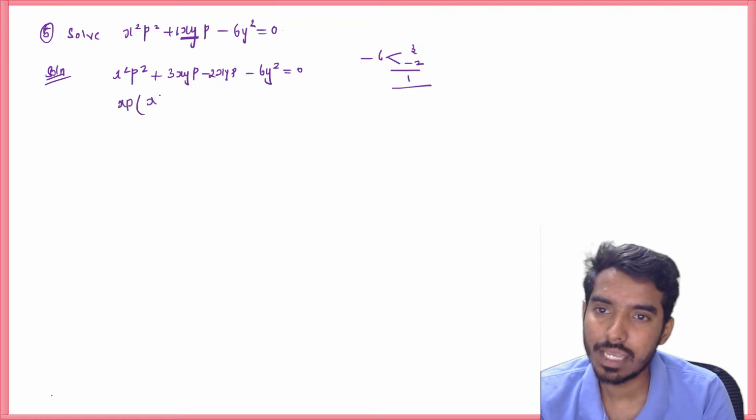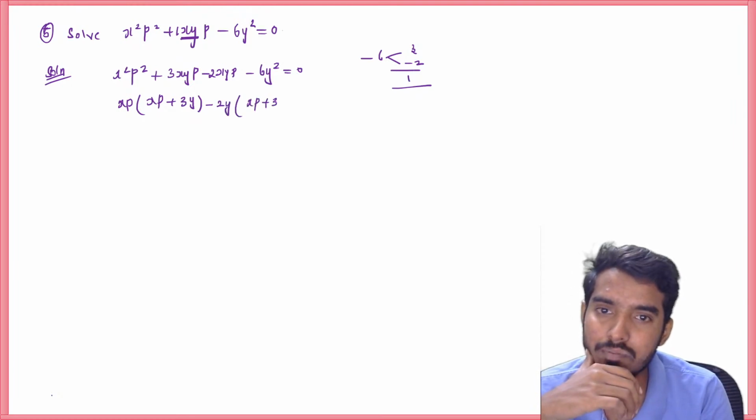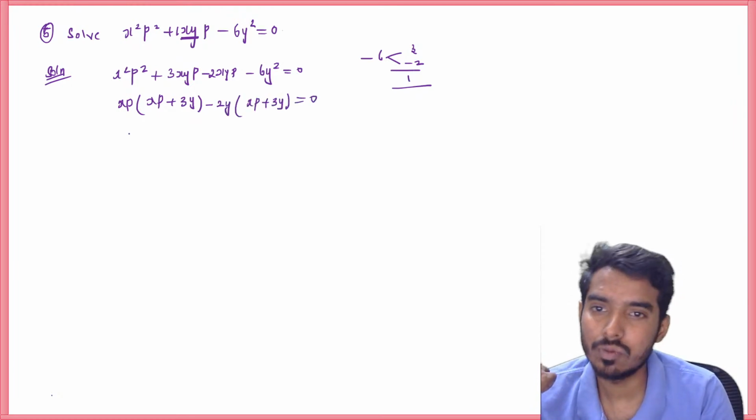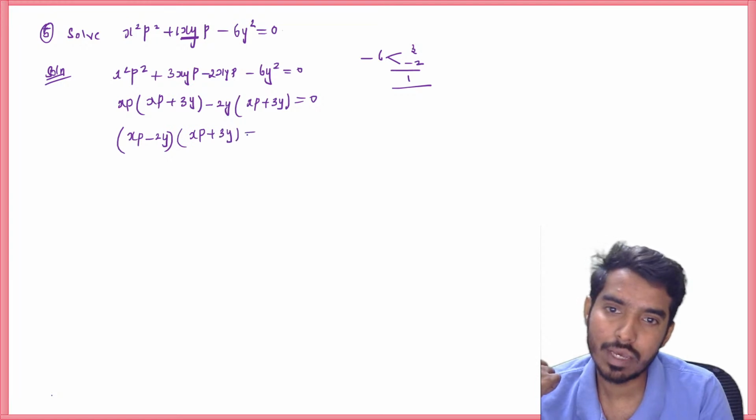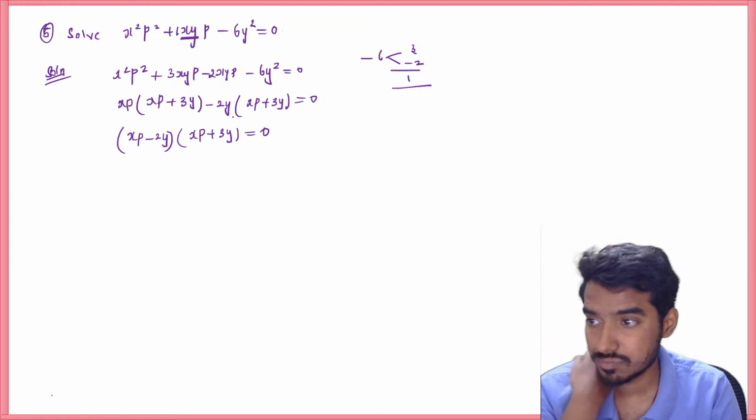Take xp outside, you have xp plus 3y. Here if I take minus 2y outside, we have xp plus 3y is equal to 0. So we have xp minus 2y and xp plus 3y. Now what we'll do is we will do them separately.